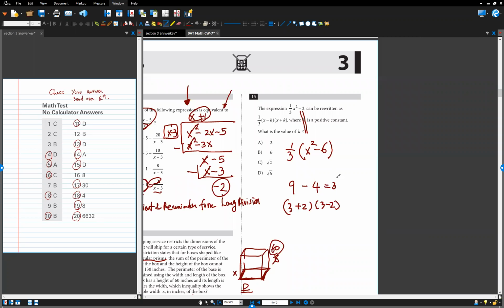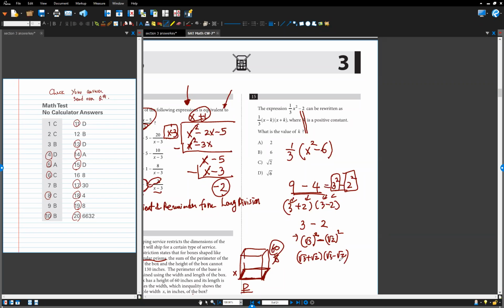Because 9 is 3 squared, 4 is 2 squared. These are perfect square numbers, so the factors are always integers. That's fine. For 3 minus 2 in this case, we're going to change the form. Root 3 squared minus root 2 squared, isn't it? Now this is a difference of perfect squares. This can be factored: root 3 plus root 2, root 3 minus root 2.